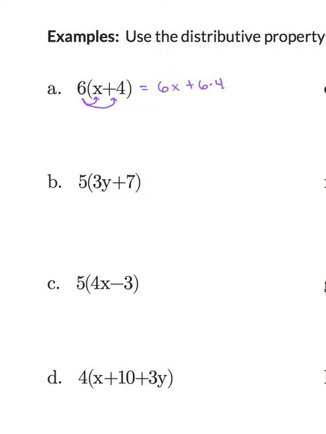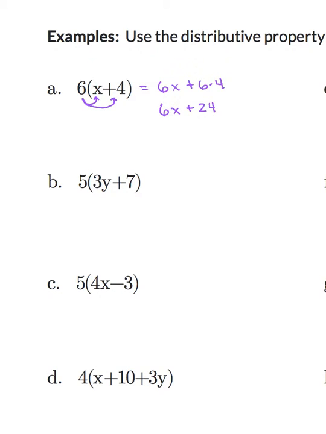If you want to do this step mentally, that's fine. You can go ahead and just say this is 6x plus 24. You do not need to write out this step here. It's up to you. If you do get stuck or confused, it's always a good idea to write out as much as possible.